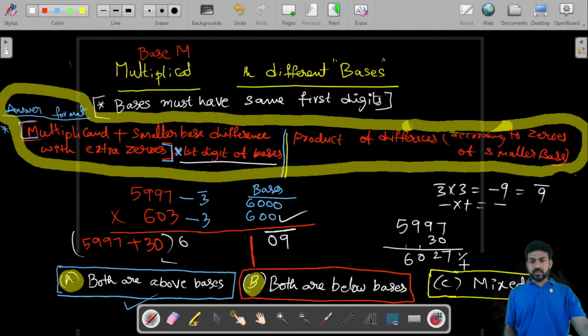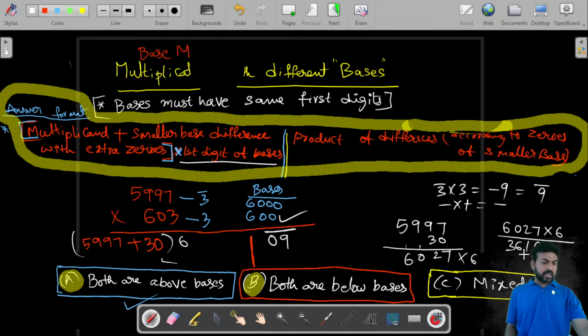Multiply by 6. You should not forget that. 6 ones are 42, 2 here, 4 carry over, 6 2s are 12 plus 4, 16, 6 here, 1 here, 6 0 0, 1, 6 6 0, 30. So the first part answer is 36162.